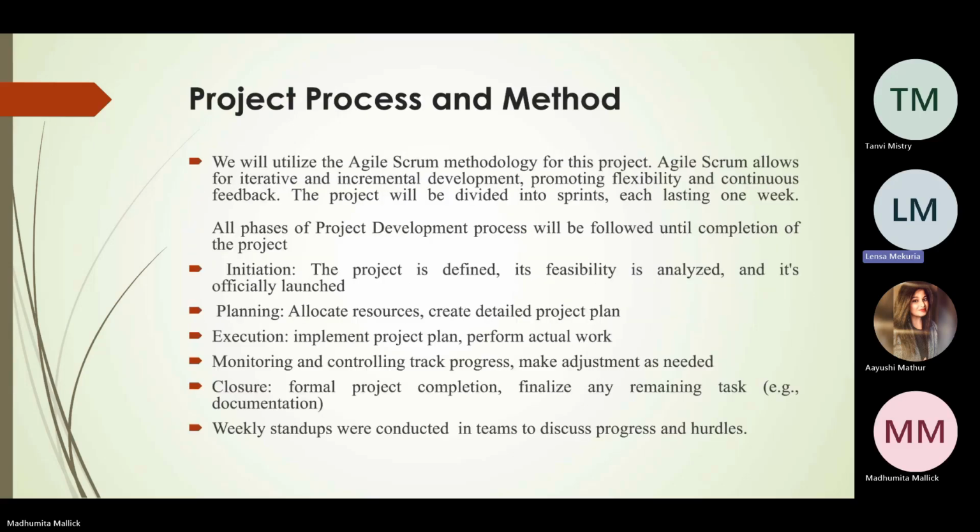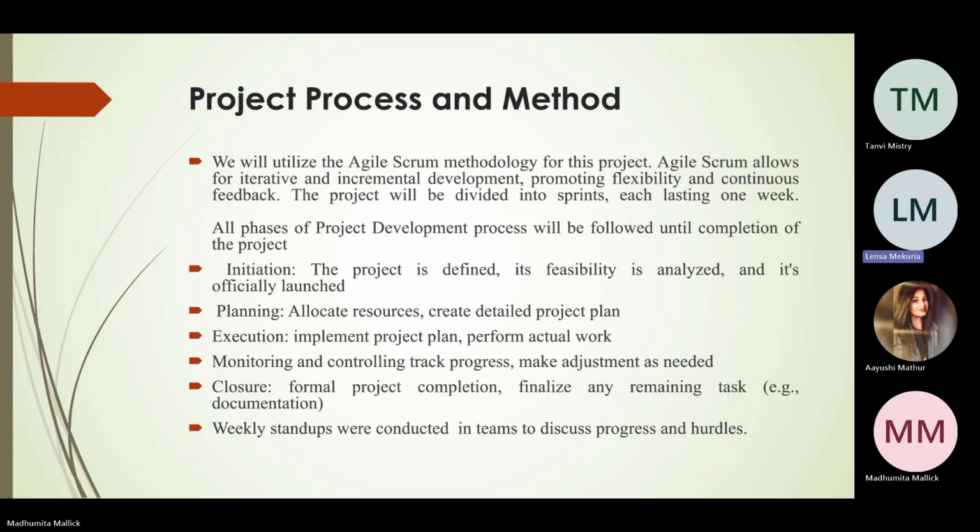For the project process and methodology, we utilized the Agile Scrum methodology, which allows for iterative and incremental development, promoting flexibility and continuous feedback. The project was divided into sprints, each lasting 1 week.